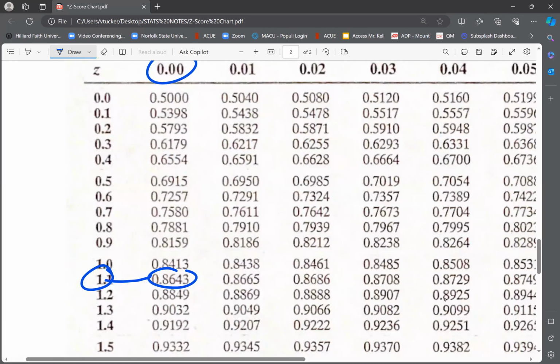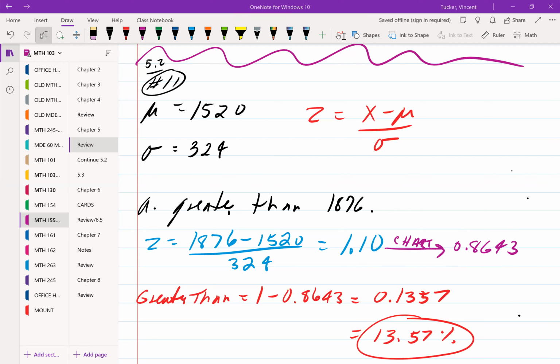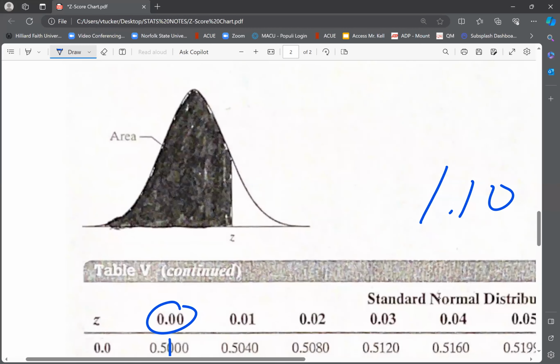So now it asks us about greater than. Let's go back to the chart so you see the diagram. All right, going here to our normal distribution. Everything under the curve is equal to 100% or just 1. In other words, if you convert to a decimal, that would be 1.